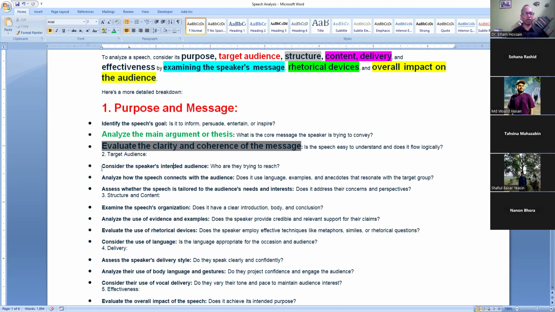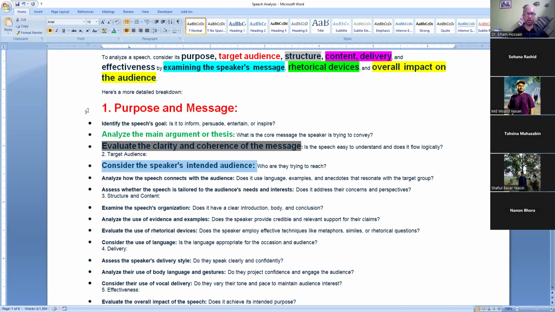Then the next point that you have to think of regarding speech analysis is the speaker's intended audience. That is, whether the speaker has rightly addressed the audience or not.